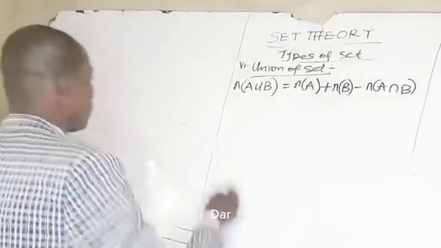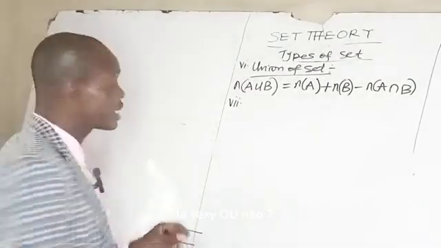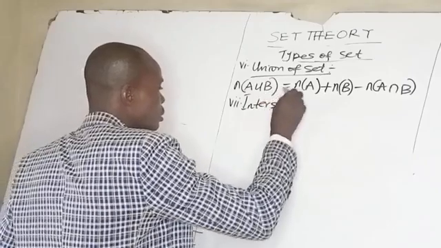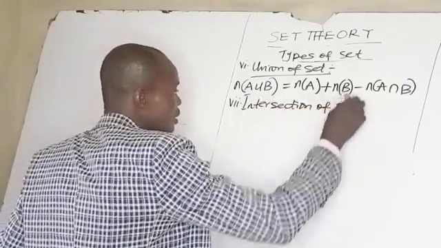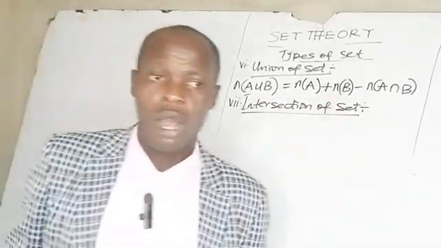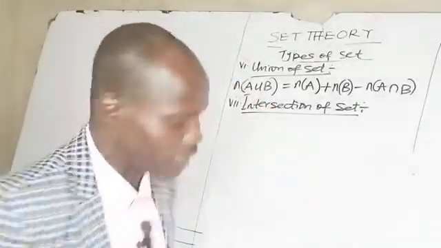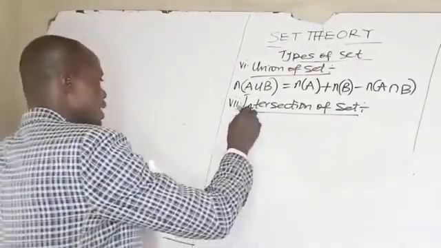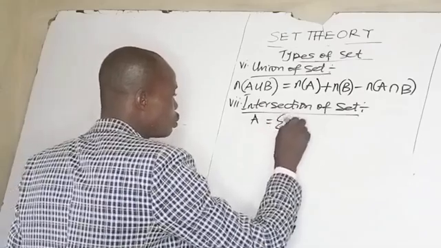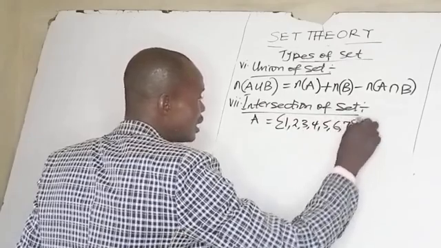Then number 7, intersection of sets. Intersection of sets are the elements or members that are common to the given sets. Suppose you have set A to be the natural numbers from 1 to 10: 1, 2, 3, 4, 5, 6, 7, 8, 9, 10.